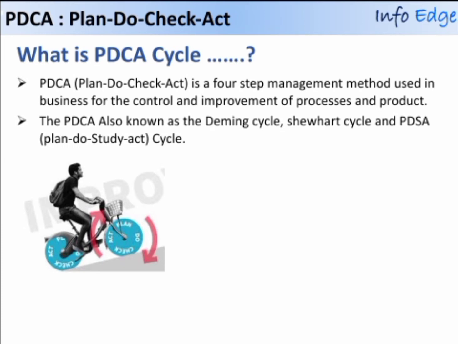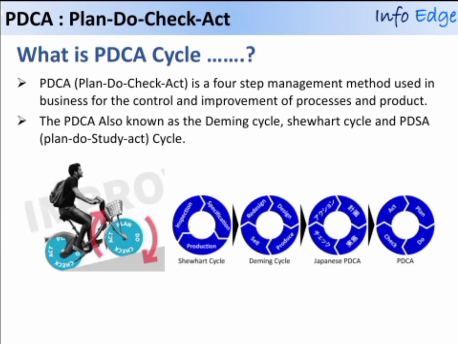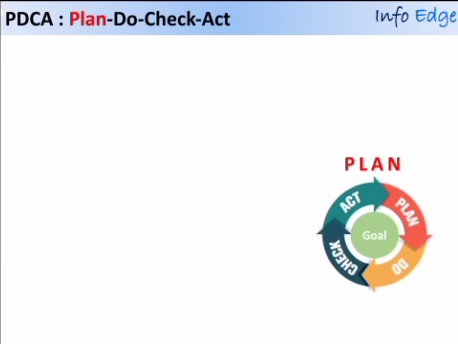We can implement the ideas, sustain them, and then go for the next step of those ideas and implementations. PDCA is also known as the Deming cycle and the Shewhart cycle. There are different types of PDCA cycles: the Shewhart cycle, the Deming cycle, the Japanese PDCA, and the PDCA cycle.